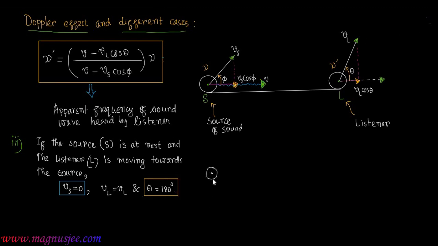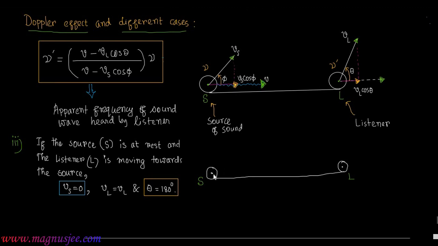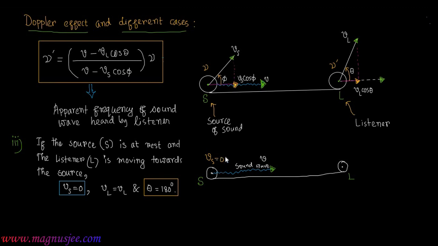Now we can draw the diagram again. This is the source of sound which produces a sound wave of actual frequency nu, and this is the listener which will be moving towards the source. The source produces a sound wave which propagates along this direction with velocity v, and the source is at rest, that's why Vs is equal to 0.